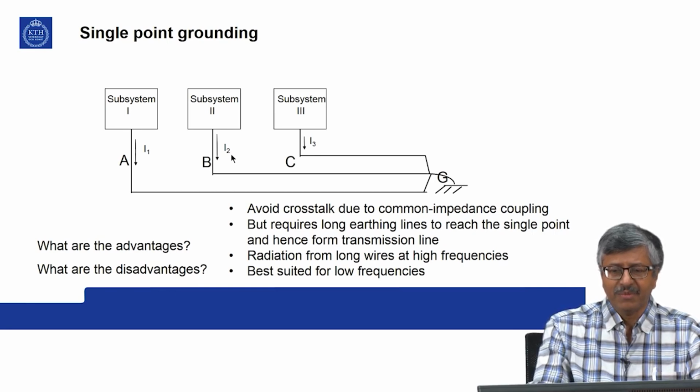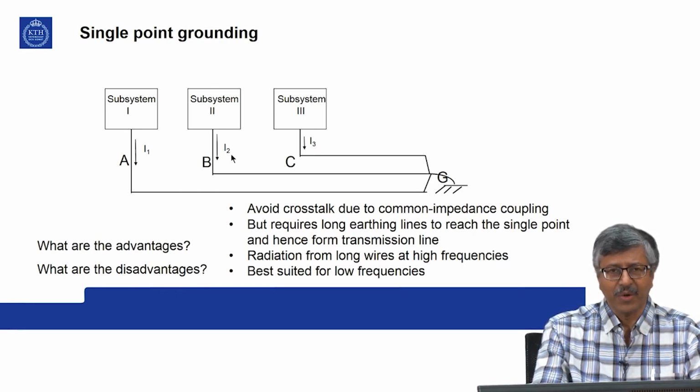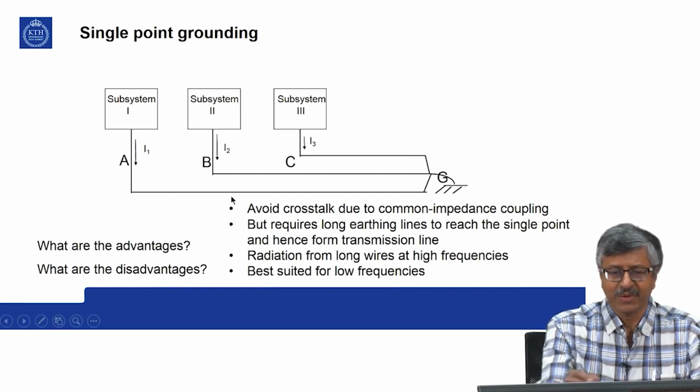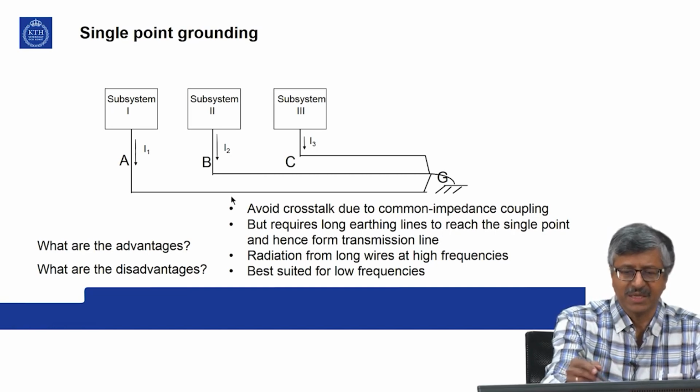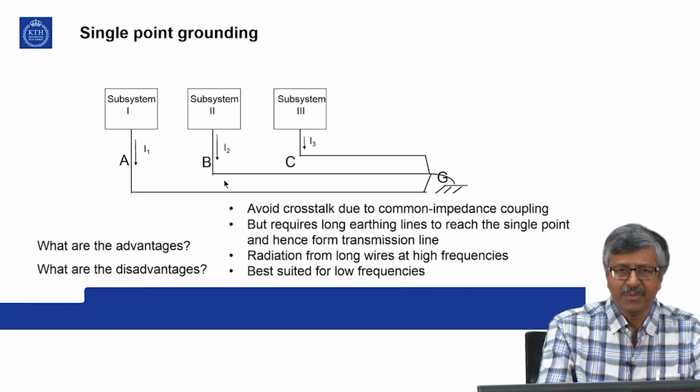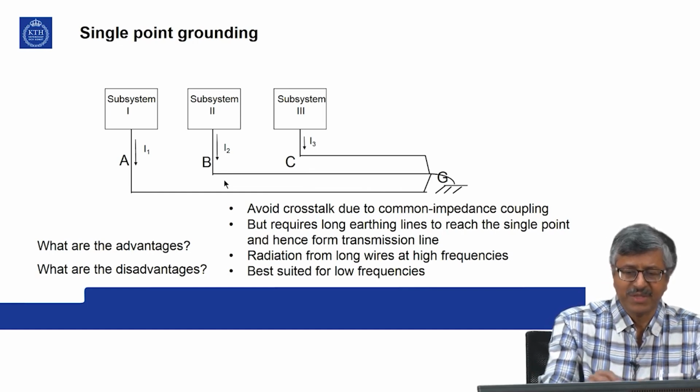But at the same time, if you want to bring your ground leads all the way to a single point, you often require long lines, because these may be physically large systems, and depending upon the frequencies involved for the fault currents, it may form transmission lines.